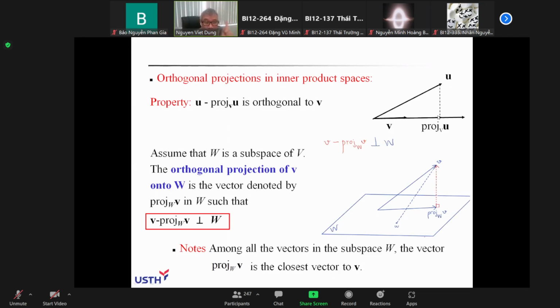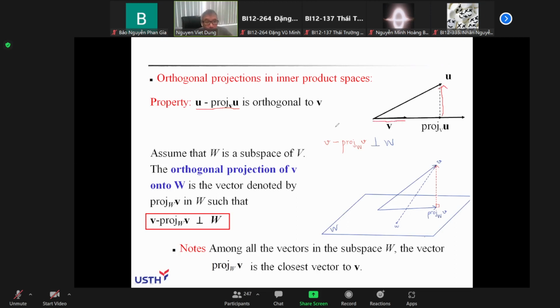And we have a very important property, that is, U minus the projection of U on V is always orthogonal to V. That is a very important property. And what is U minus the projection of U on V? That is the vector going from here to Z. It is always orthogonal to the vector V.